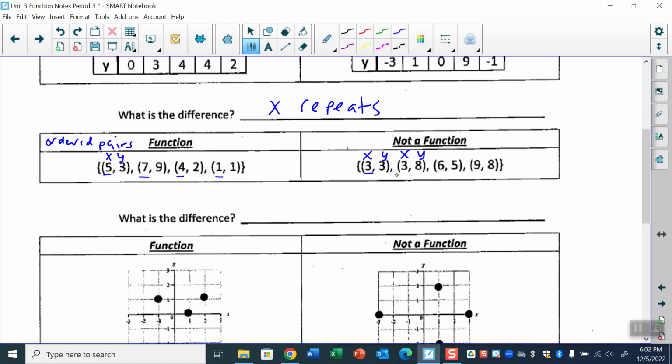So I'm looking at the x values, all right? And I notice over here where it's not a function, there's a 3 and there's a 3. So that means it's not a function, because the x coordinate repeats.